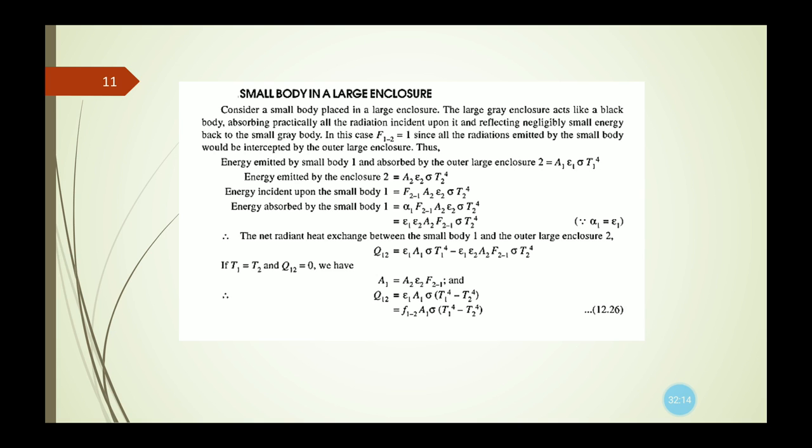Now if T1 equals T2 and Q12 equals 0, then we will have A1 equals A2 epsilon 2 F21, and Q12 will equal small f12 A1 sigma T1 to the power 4 minus T2 to the power 4, represented as 12.26. The formula for the interchange factor or equivalent emissivity for a small body in a large enclosure equals epsilon 1.